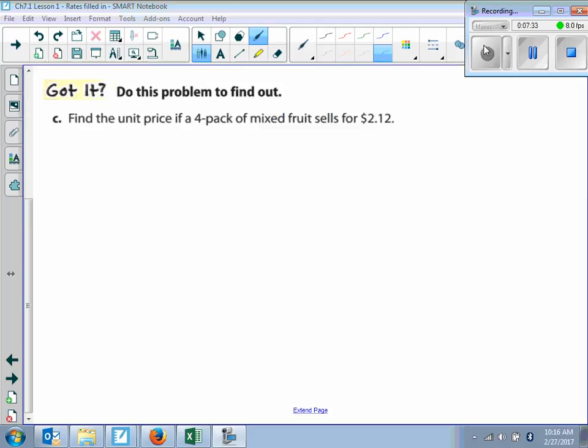All right, for this example, it says find the unit price if a 4-pack of mixed fruit sells for $2.12. So first thing we're going to do is we're going to write it as a fraction. So we've got $2.12 over 4 packs.